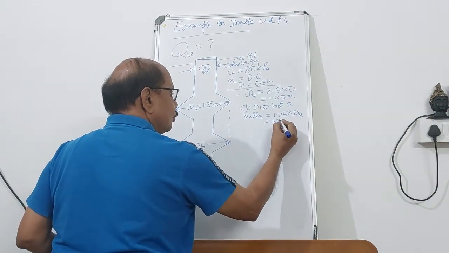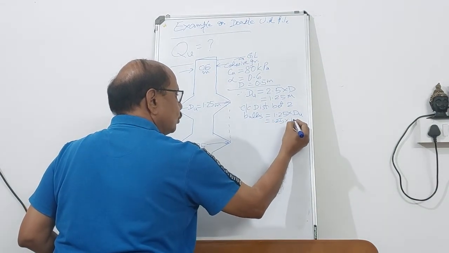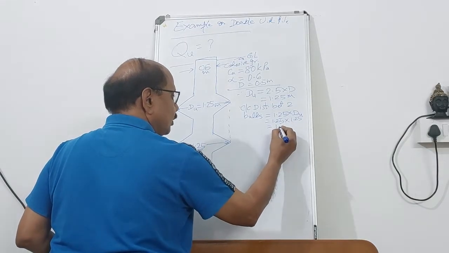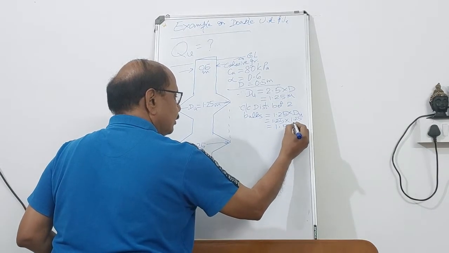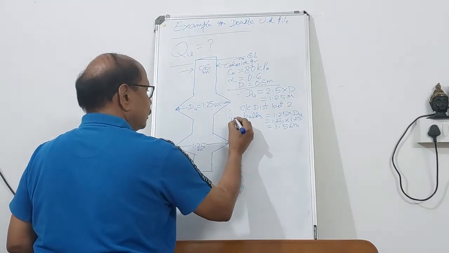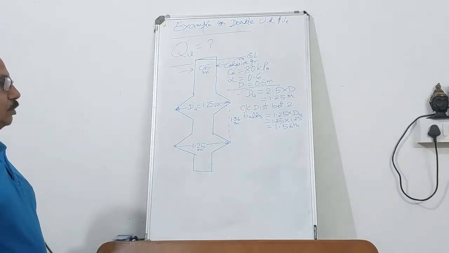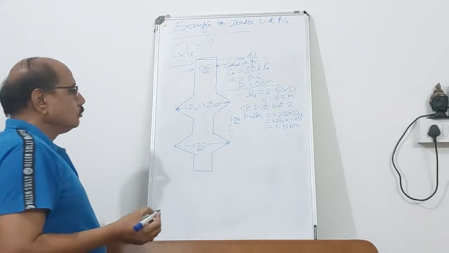So 1.25 into 1.25, this is going to be 1.56 meter. Fine.